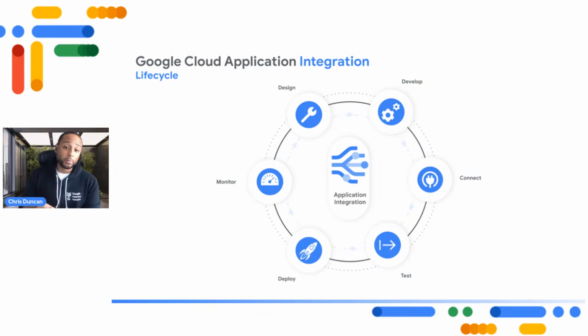So whether that's from the design stage, when the integration is being designed to address a business use case, being able to develop it and introduce different levels of business logic and different capabilities in that integration, and then being able to connect to the different data sources that you want to connect to. And then, of course, being able to test that integration at scale and have that work in line with your SDLC at your organization, and being able to deploy it to production to take production level traffic. And the last piece of that, of course, is monitoring that to a high degree.